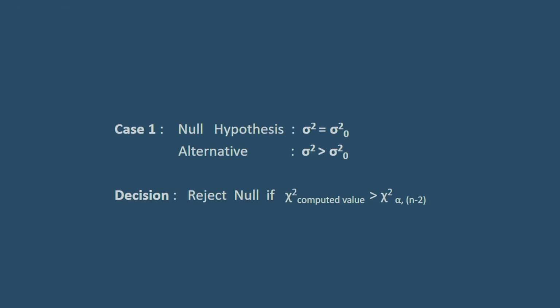So this boils down to 3 particular cases. First we go for case 1. Our objective is the significance of sigma square. We have done the significance of the population mean, where we applied the Z test or the T test. Now we go for the significance of the population variance, which is sigma square.